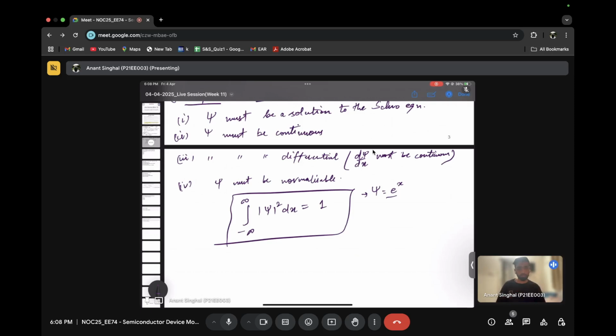Any guesses or any idea? Okay, why do you think that e raised to power x can be a wave function? Okay, fine. So we have taken e raised to power x. So what if I say that if x tends to infinity, where will the wave function tend to?